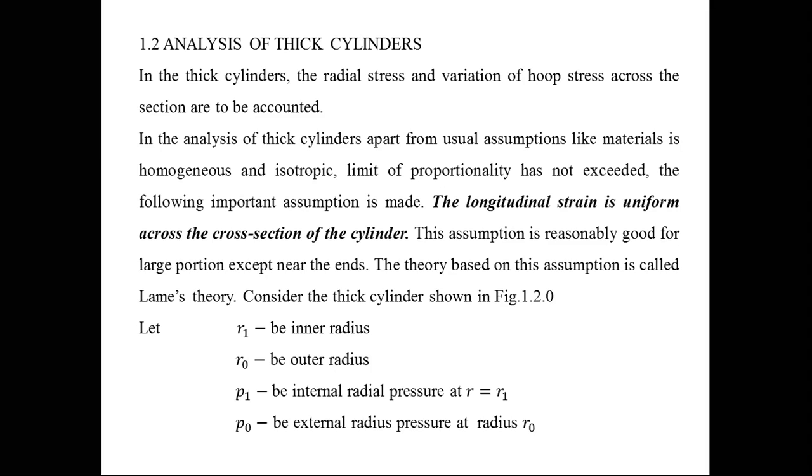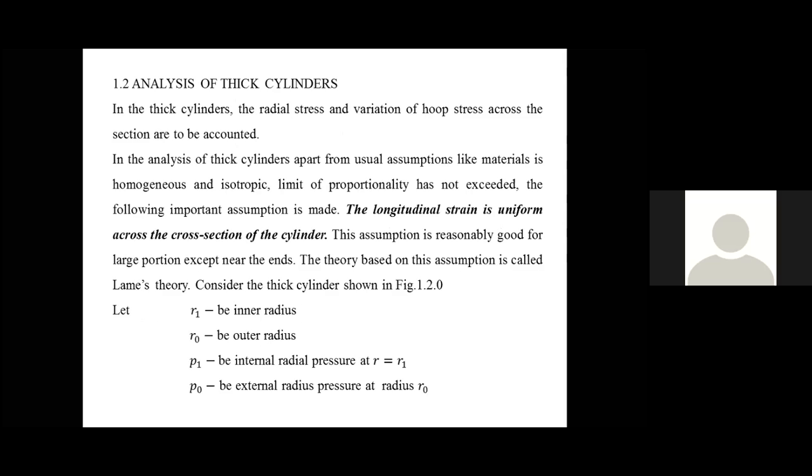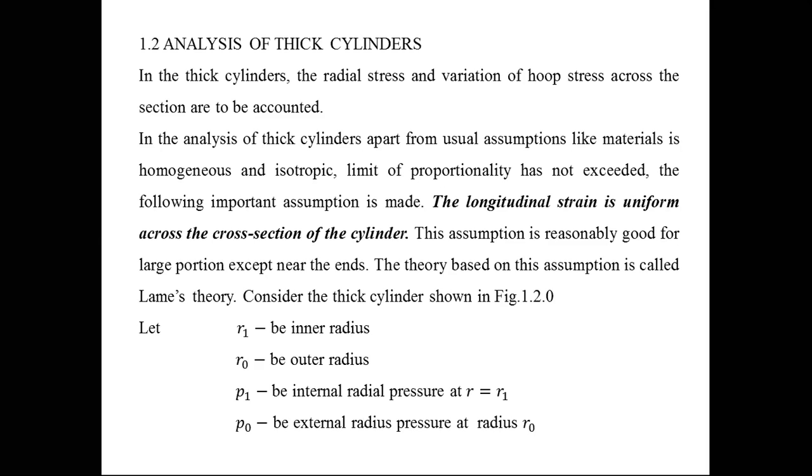The thickness does not involve the PD by 2T in the thin cylindrical shell. So now we shall consider that the thickness of the wall is not small as compared to the diameter of the cylinder. That is thick cylinders. Such type of cylinders are called thick cylinders.